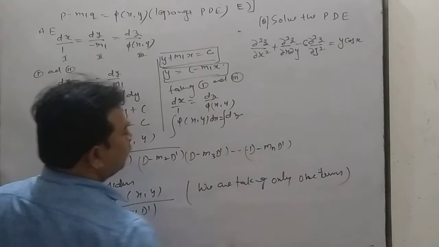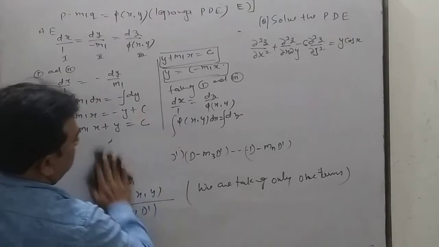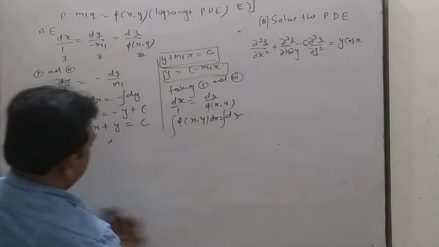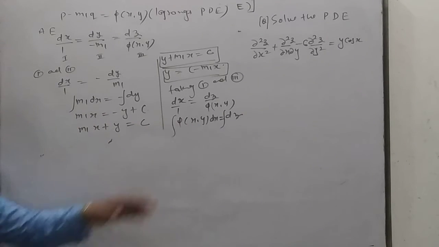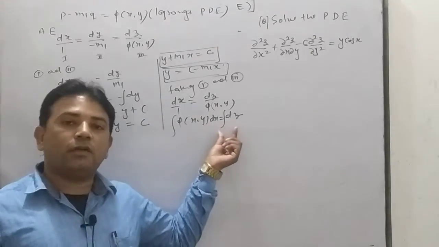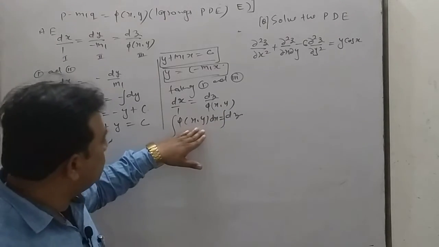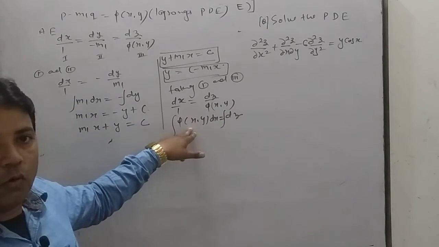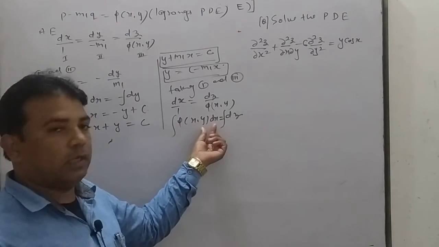On integrating both sides, we cannot integrate this directly because it is a function of x and y, so we change this function completely in terms of x, and then integrate with respect to dx.